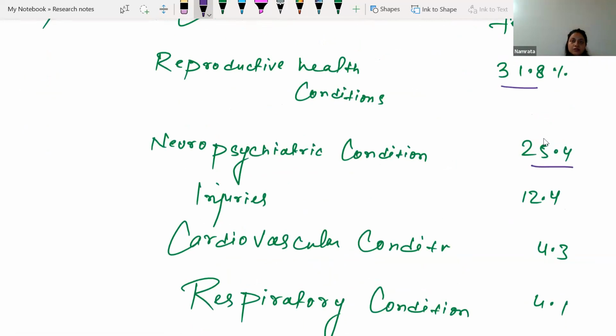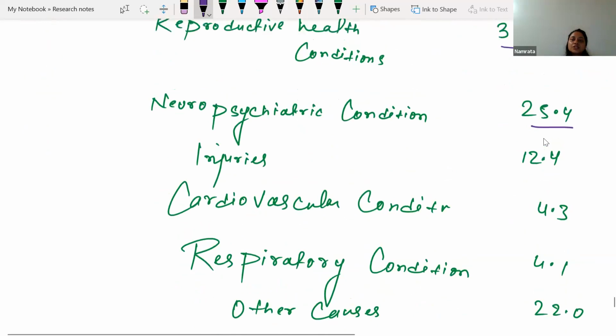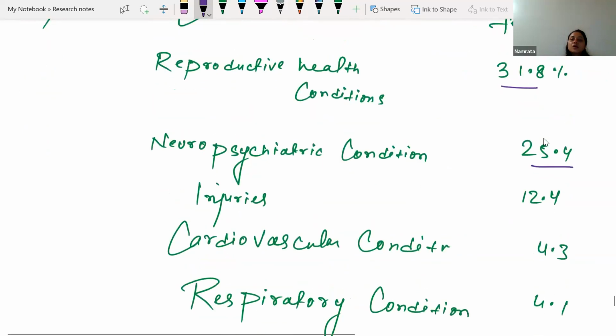Which disease is causing more fatality? Reproductive health conditions. And try to find out with the help of your teacher any two factors which play a major role in the above being the major cause.